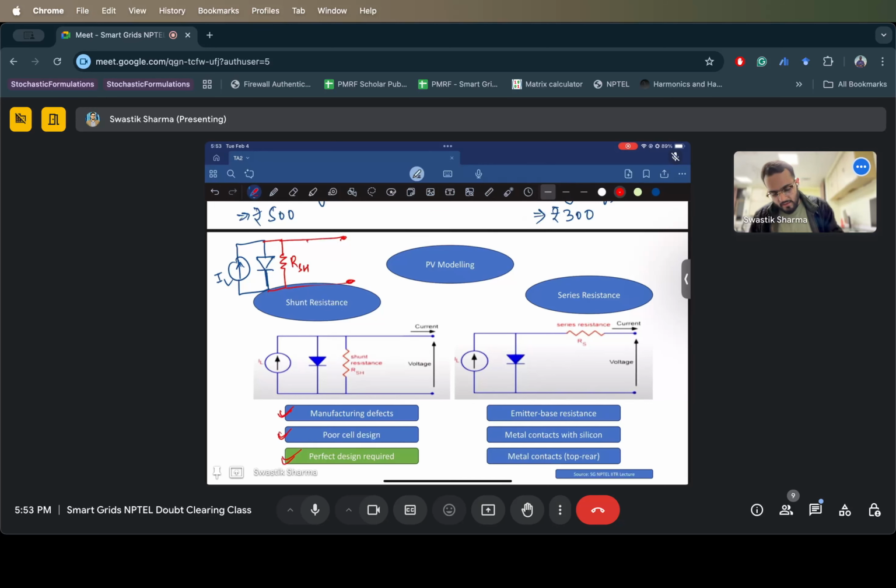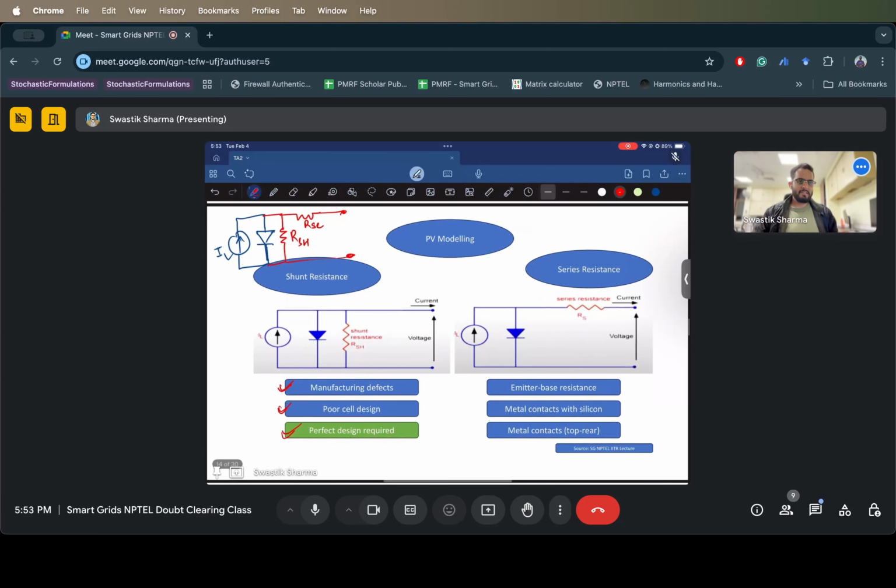Then there is another kind of resistance that is modeled for losses. It's called series resistance. What it does is it creates a voltage drop so that you don't get the same amount of voltage which you expected, right? This can come due to the contact between different metals. Let's say you're using metal to place in your silicon PV cells, right?